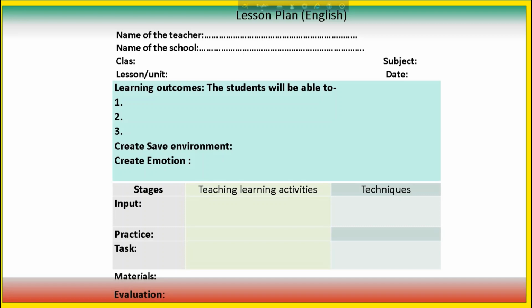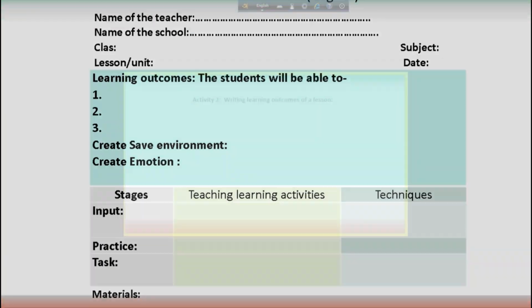So this is the IPT link lesson plan, and we have to connect this IPT link lesson plan with the TMT based lesson plan, and what the materials are, and then evaluation tasks of activities. This is called IPT link lesson plan.